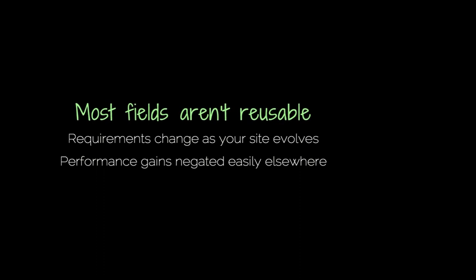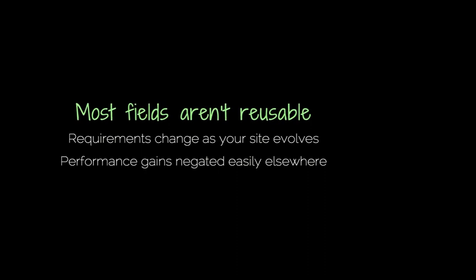Also, all those performance gains that you can get by reusing fields are pretty much trashed as soon as you use a view. If you've ever used views before, kiss that performance advantage goodbye. It's very easy to negate any performance advantage gained by reusing fields.